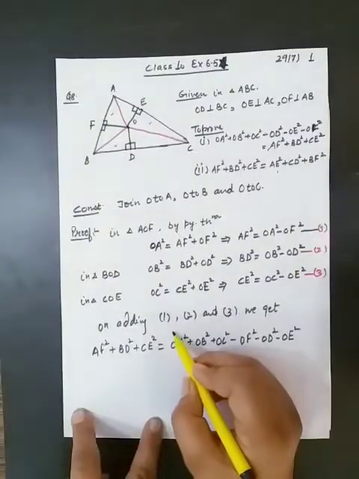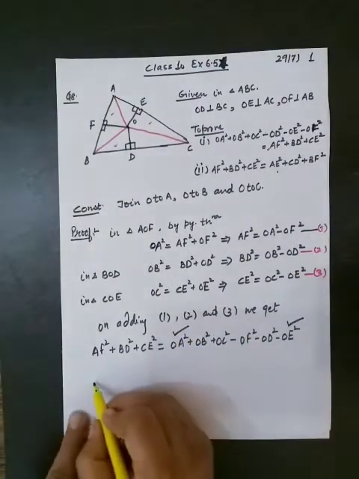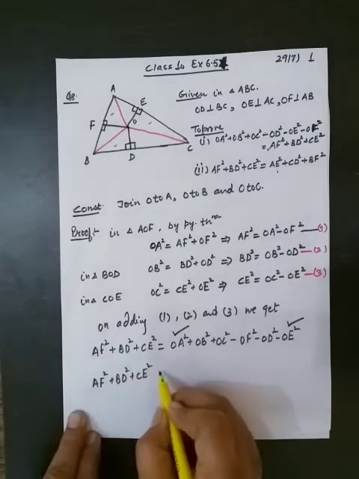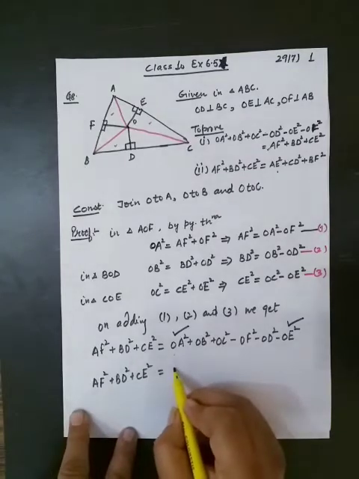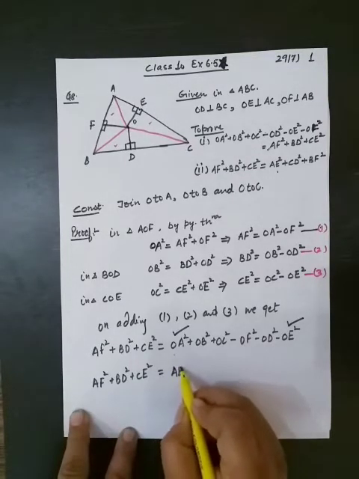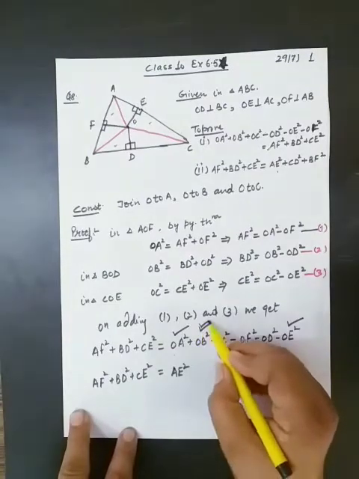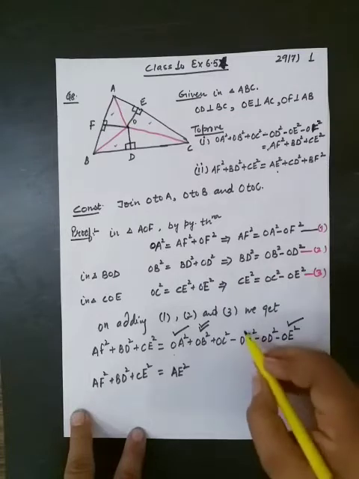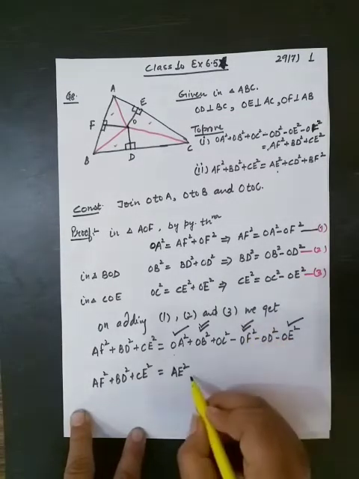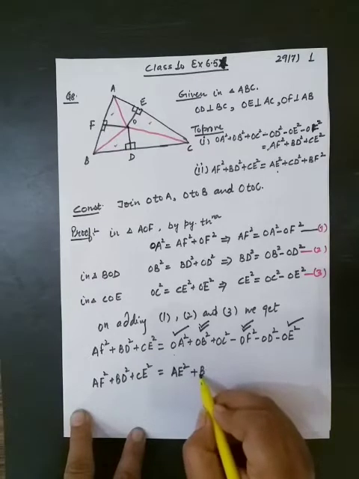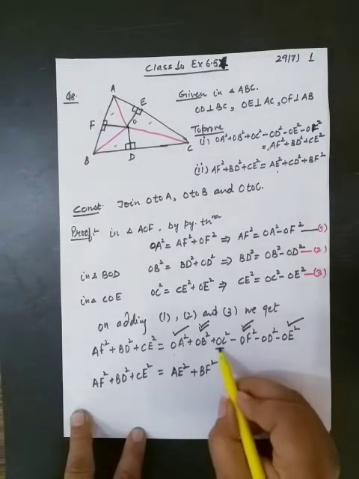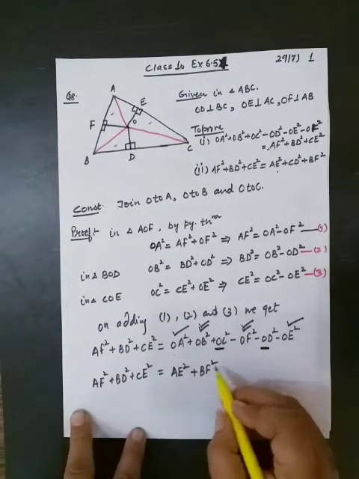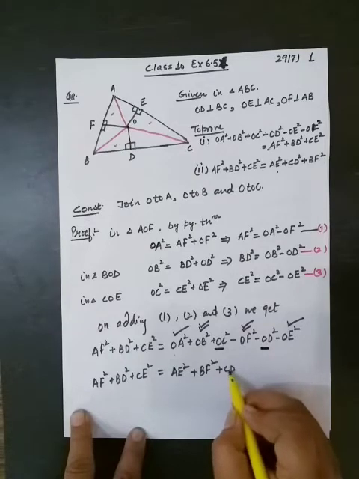So it means when I take OA square and minus OE square, it will become AE square. Similarly, when I take OB square and OF square, it will become BF square. And when I take OC square and OD square, it will become CD square. Hence proved.